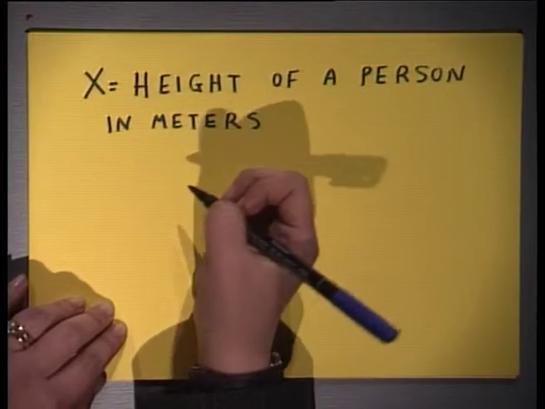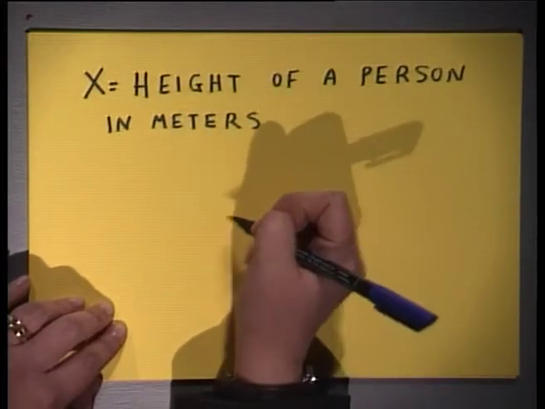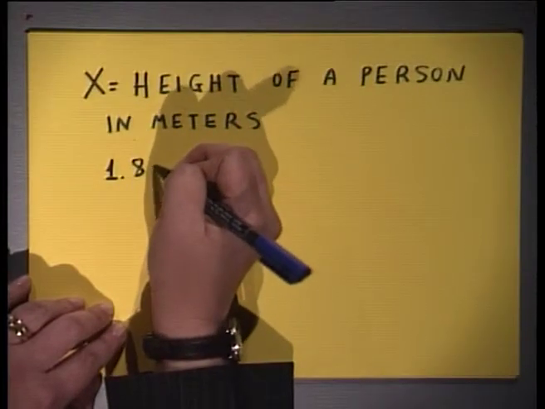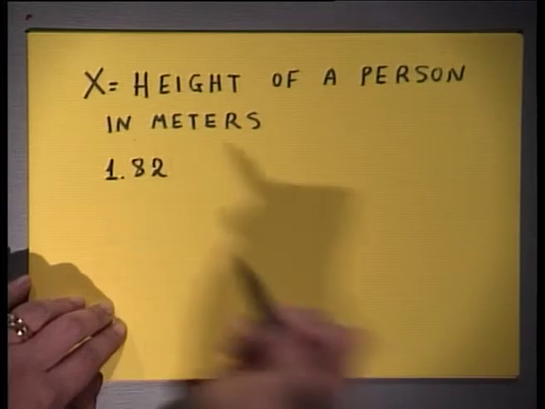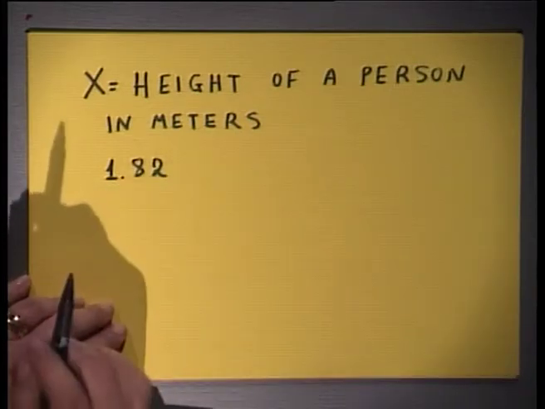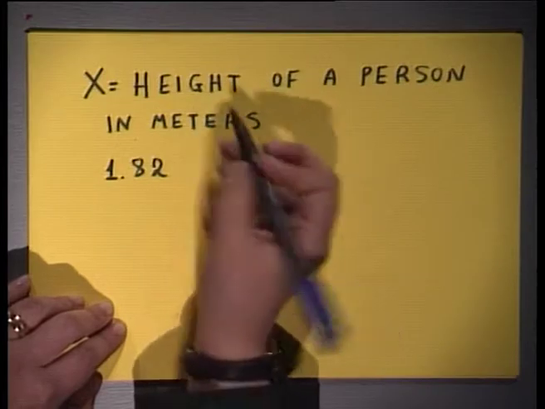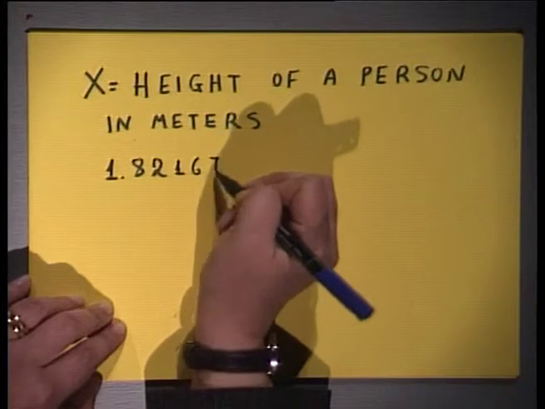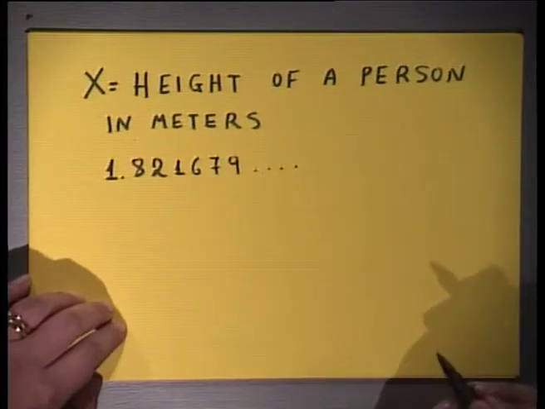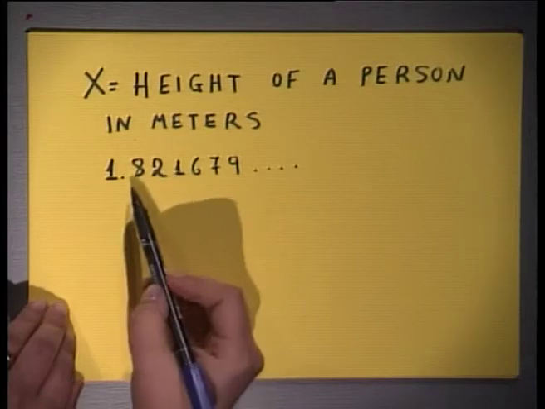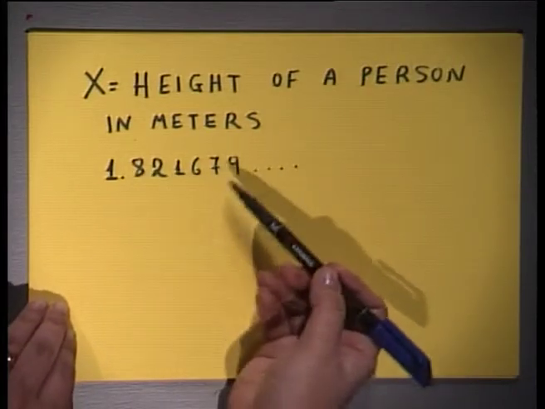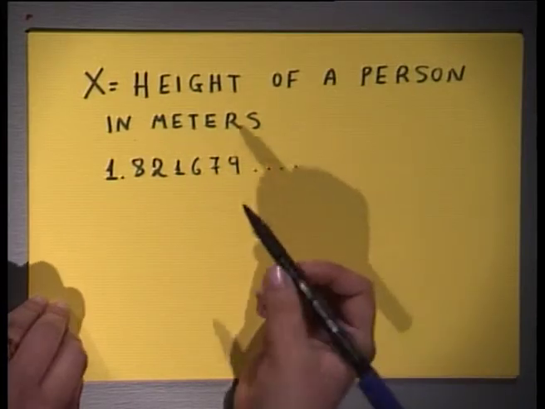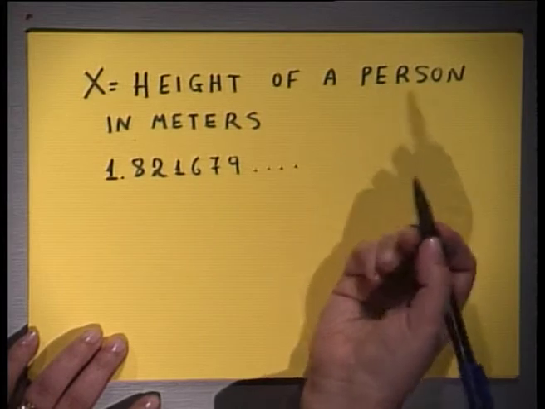So, for example, if we say that a person's height is 1.82, we actually have done a rounding. That means this number could actually be 1.821679 and so on.